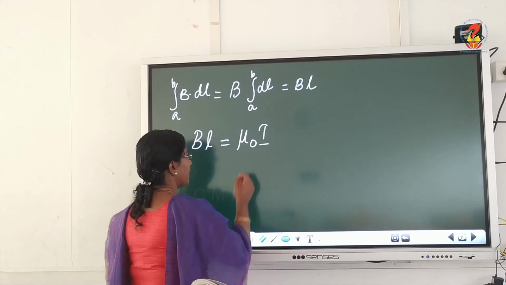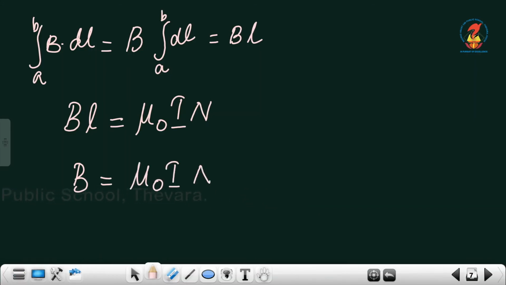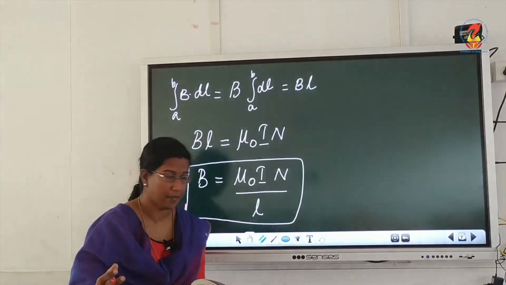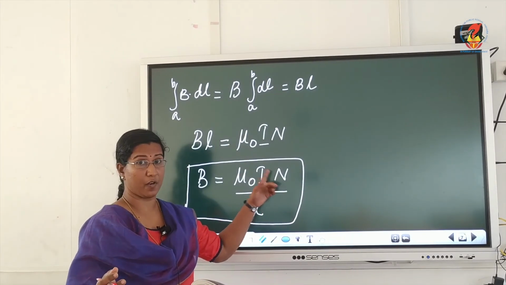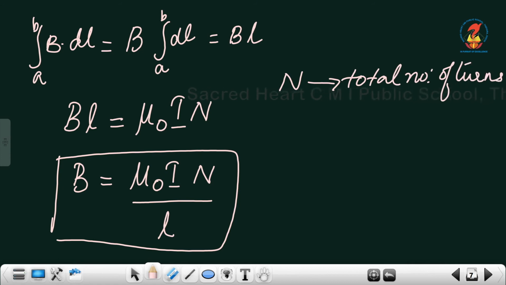So we can write BL is equal to mu 0 N I, or magnetic field B is equal to mu 0 N I divided by L, where capital N is the total number of turns in the solenoid.